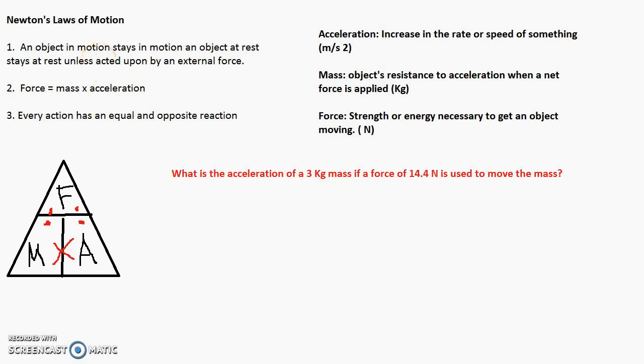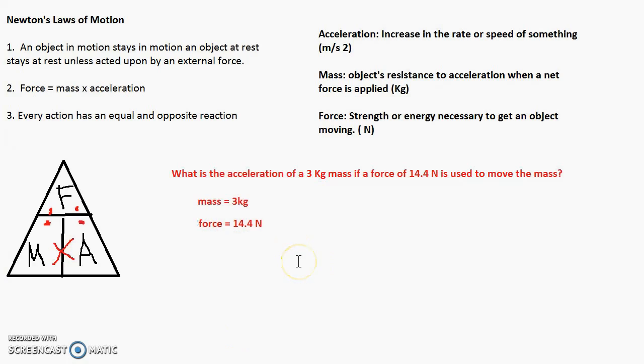So we know a couple things. One of the first things that we know is the mass of the object. So we're going to write, and you should write this out as well, that the mass is going to be equal to 3 kilograms. We also know that the force in this problem is going to be equal to 14.4 newtons.